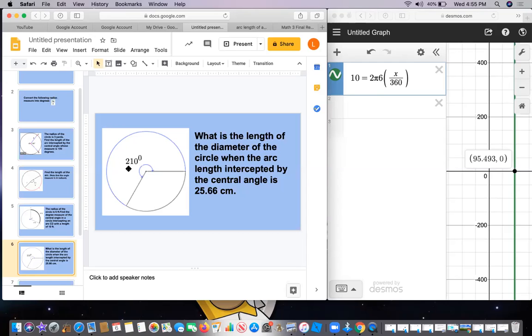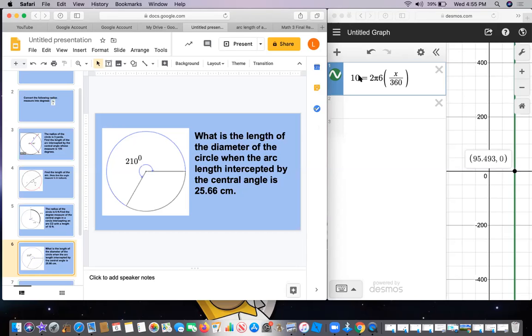The given here is 210 degrees, and we are asked to find the diameter of the circle. So what we do is use the formula of the arc length, because here 25.66 is actually representing your arc length.